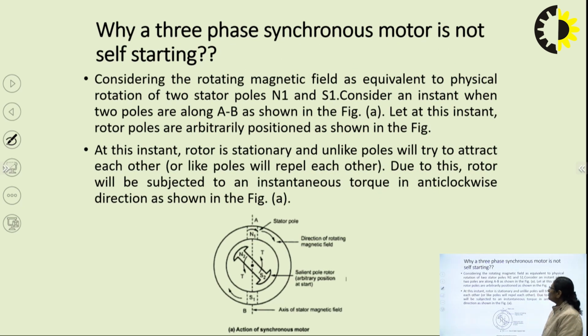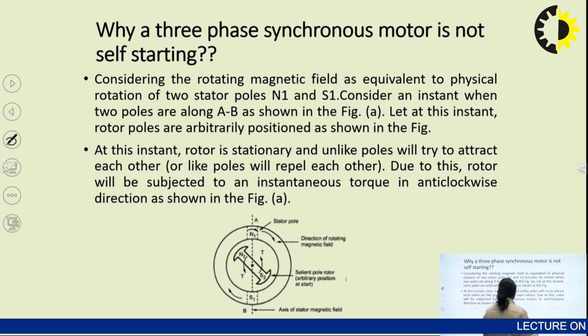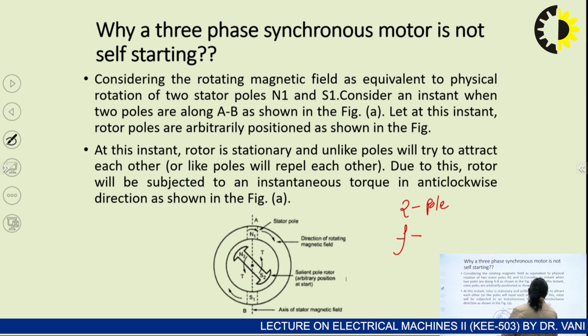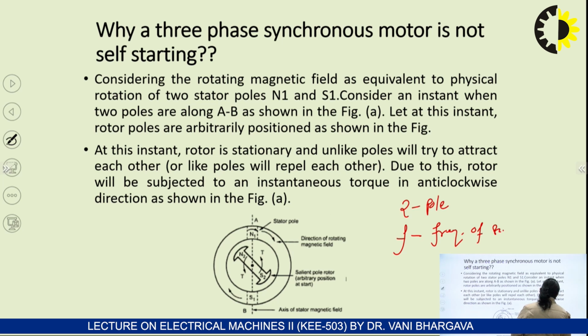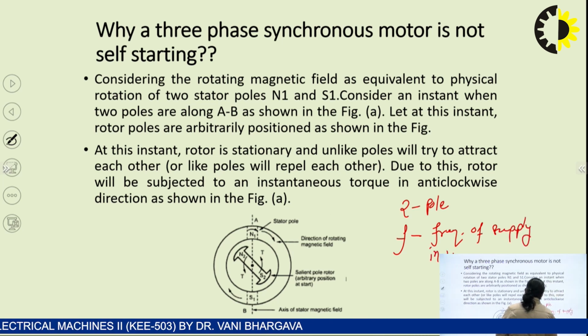So let us see why a three-phase synchronous motor is not self-starting. For this, let us consider a simple two-pole machine. Let us assume that f is the frequency of the supply given to the stator winding, in hertz.